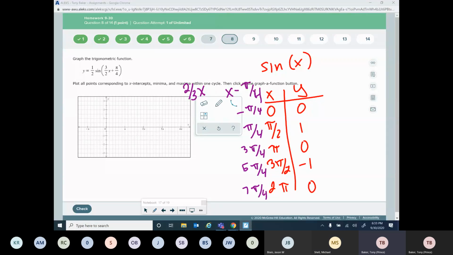And now I'm going to take all those and multiply by 2/3. So I get negative 2 pi/12, 2 pi/12, 6 pi/12, 10 pi/12, and 14 pi/12.